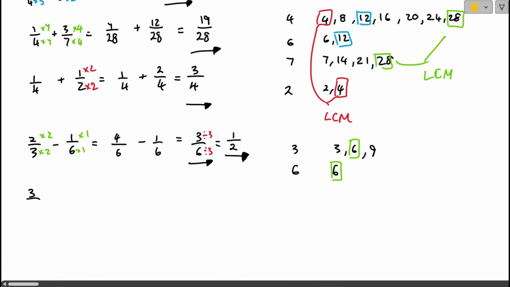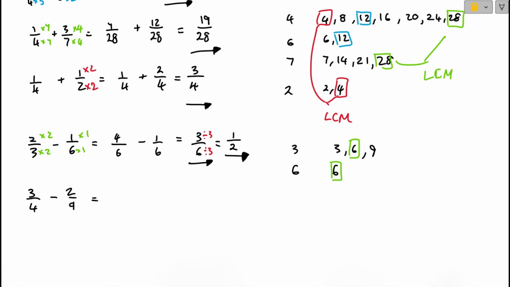And if we look at 3 over 4 minus 2 over 9, and I've given myself a problem because I can already see that this is going to be a very big LCM. But let's go ahead and just find all the multiples of 4. 4, 8, 12, 16, 20, 24, 28, 32, and 36.